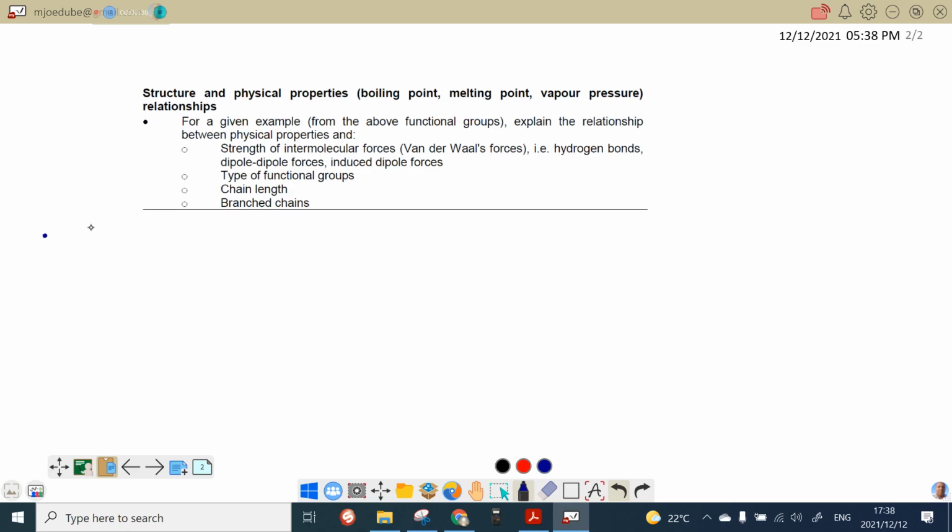You've got your saturated functional groups, which are your hydrocarbons. So you've got your alkanes. You also have your alkenes as your non-saturated, and you've got alkynes. You have your alcohols, and you also have your haloalkanes.